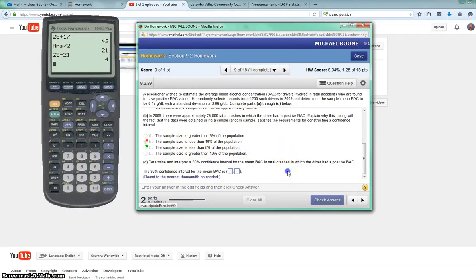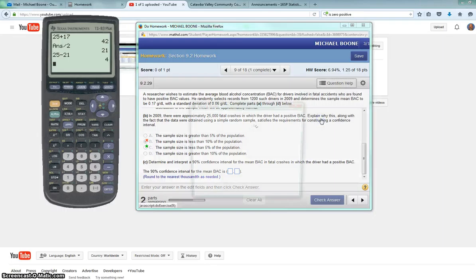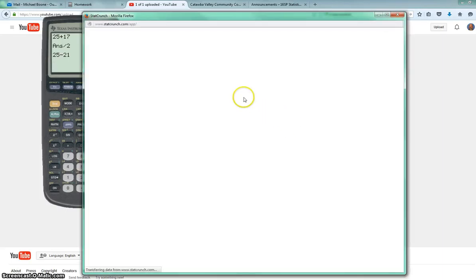of your population. And so now we're constructing a 90% confidence interval for the mean. Well, we have this information up here. We know that we had 1,200 people, we had a mean of 0.17 and a standard deviation of 0.06. So let's go to StatCrunch to find that confidence interval.